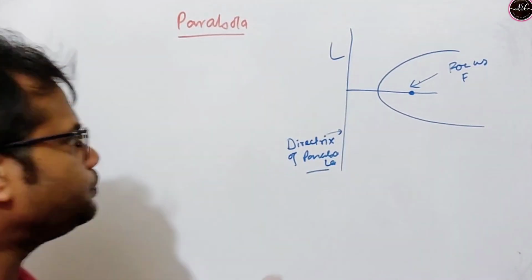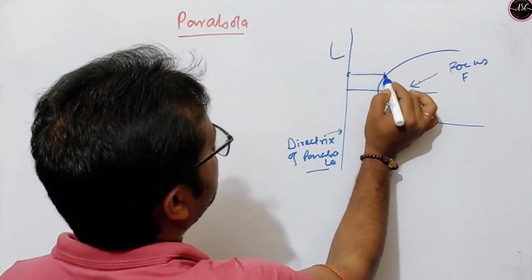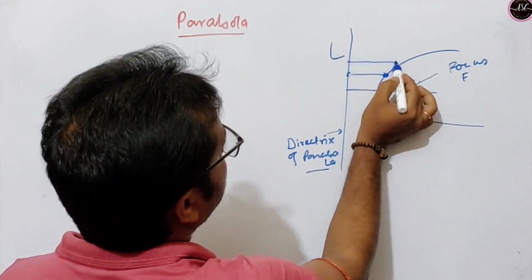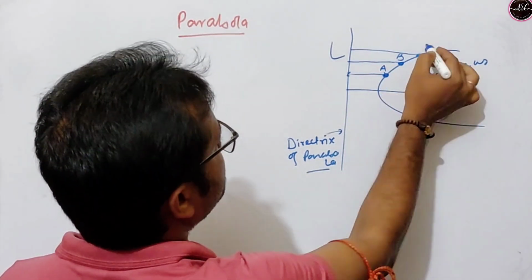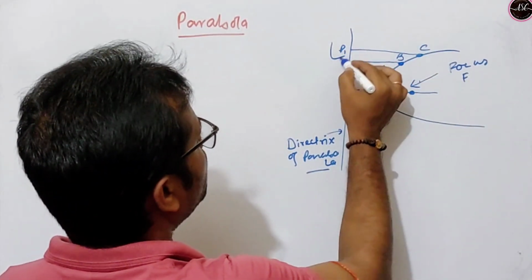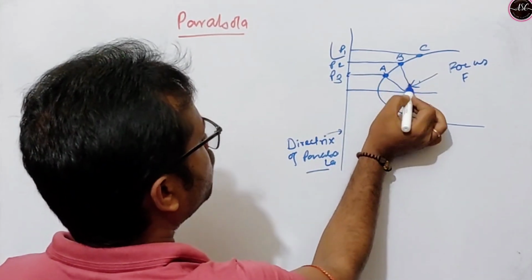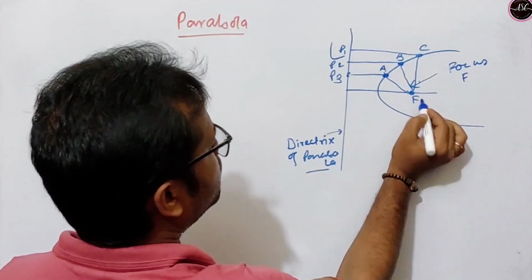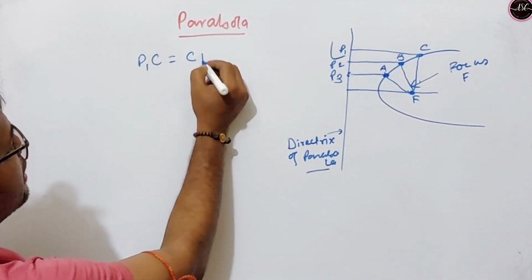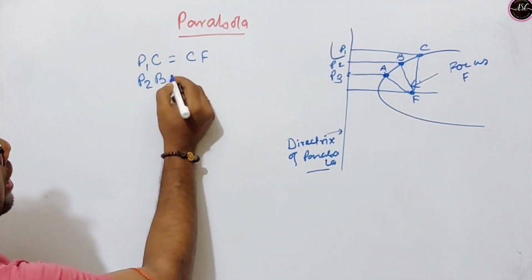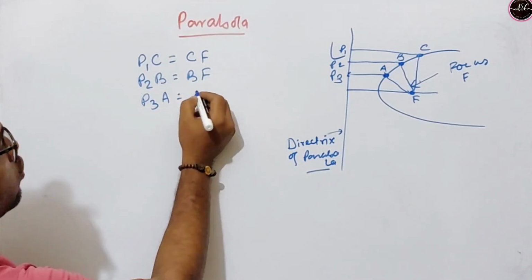Clear? So here one thing you must know: let this be a point, this is A, this is B, and this is a point C, and here the distances are P1, P2, P3. If we join this also, this is F, then this must follow P1C equal to CF, P2B equal to BF, and P3A equal to AF.